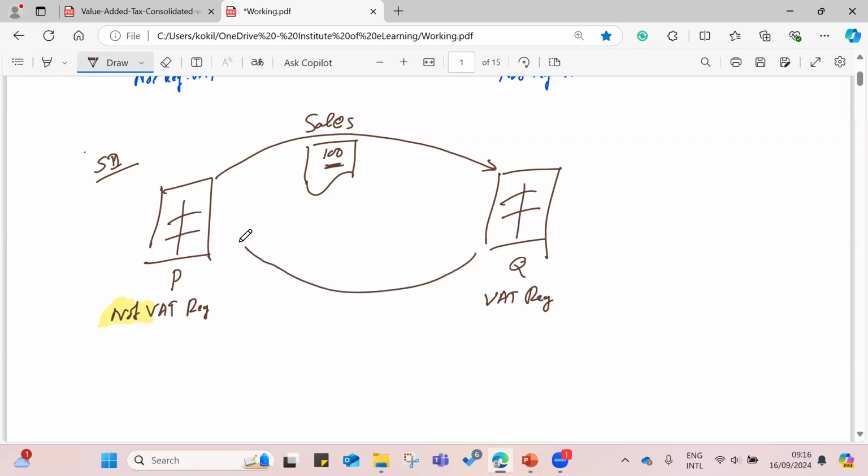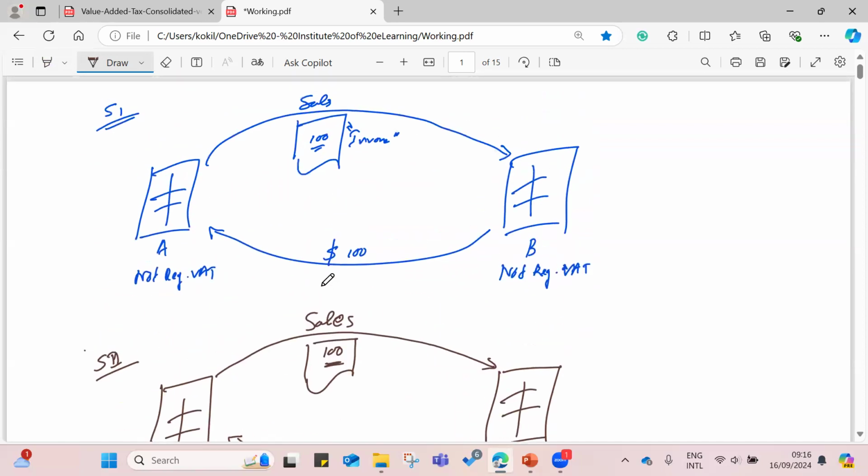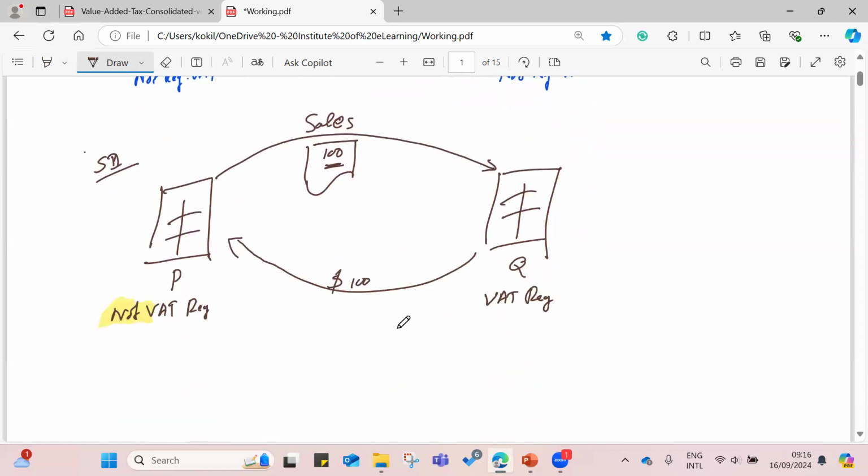Then Q will pay the same 100 to P. So this is the normal scenario. Even if one party is a VAT registered person, if you are an unregistered person selling to another VAT registered person, in both cases you just issue a normal invoice, right? It's clear.